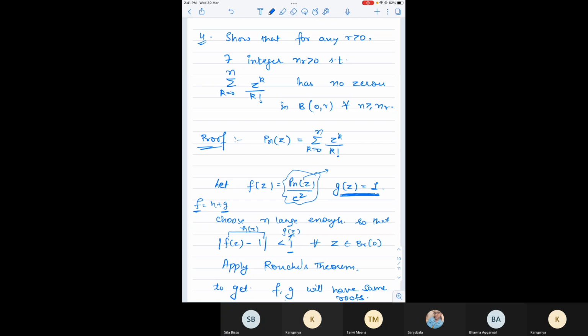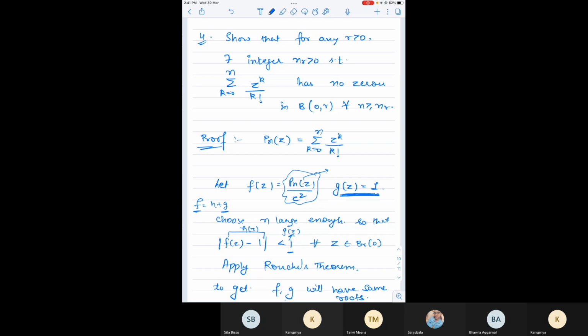And the roots of f(z) primarily depend upon p_n(z) only, because e to the z does not have any root. So p_n(z) will not have any root in this ball. Okay, ma'am. Okay.